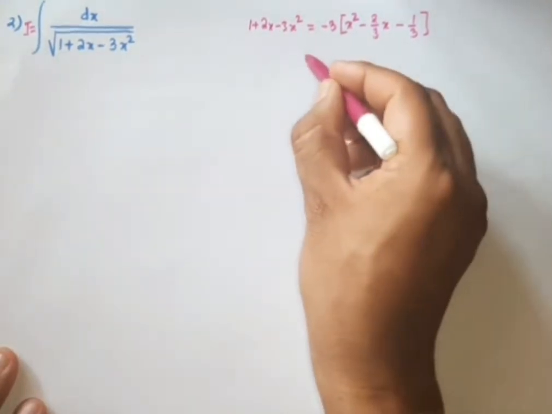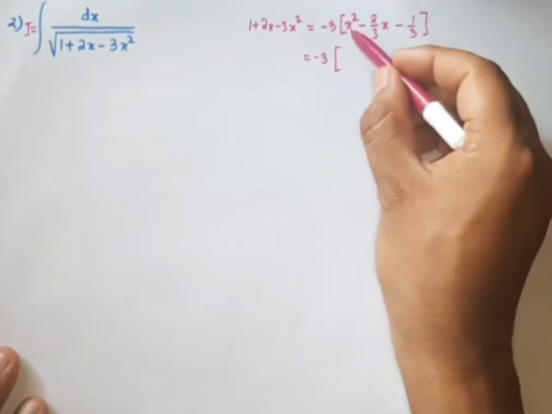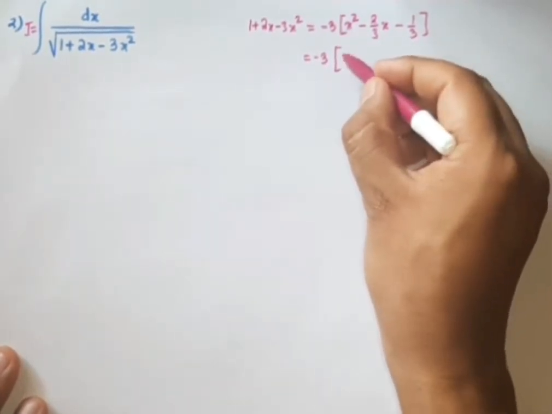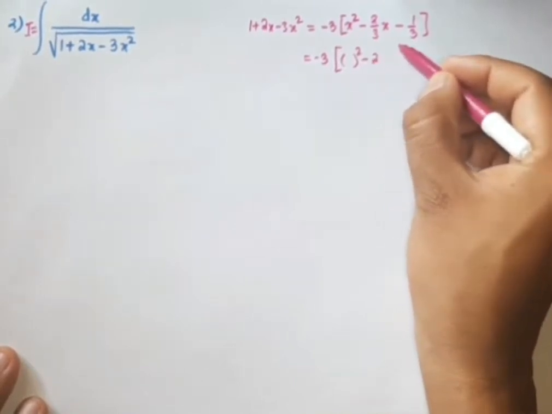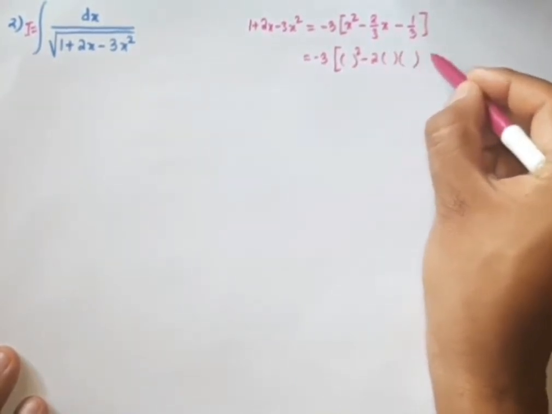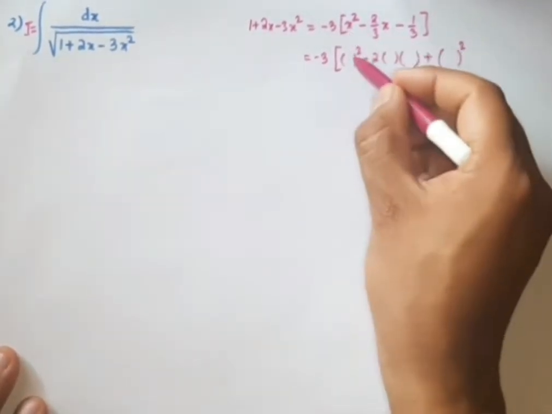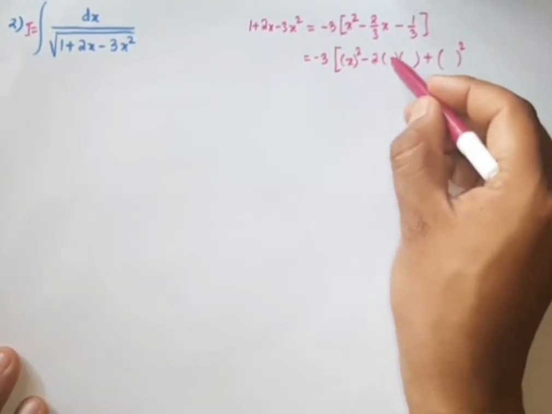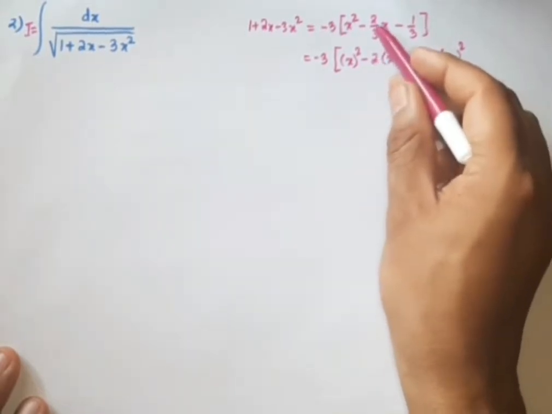Okay, so let me quickly do this part. So here a is given to be x. We have a square, and minus is there, so it will be a minus b whole square. So a square minus 2ab plus b square. Okay, so a is x as it is. So 2a is x. Now I have to put b in such a way that when I simplify this I'll get this number.